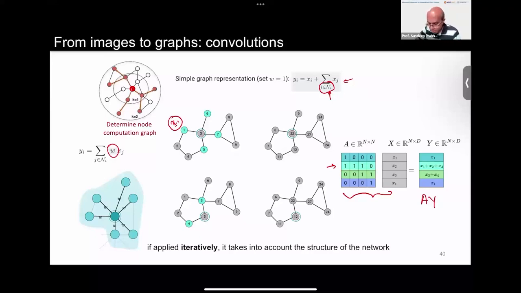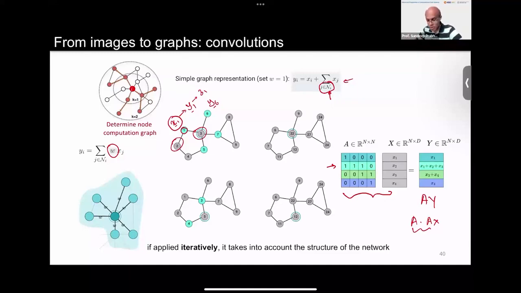The information at node 1, X1, was replaced with Y1, and so on. If I now do A times Y, it replaces y1 with some other z1, which takes all this into account. This can be viewed as A times AX. If you look at what A squared is doing, it is aggregating information from the two hop neighborhood, not just the one hop neighborhood.